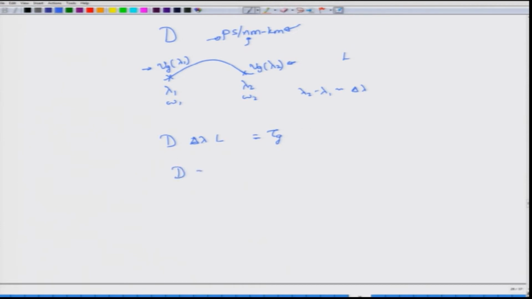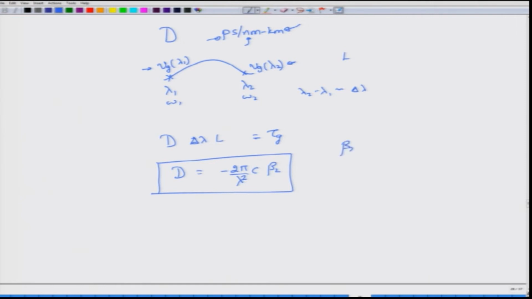This D can be rewritten in terms of, or related to beta 2 by this expression. This involves converting delta omega to delta lambda, something that you do not need to worry about at this point. And the main reason that I have introduced this dispersion parameter D is because I want to show that D and beta 2 are related with an opposite sign.